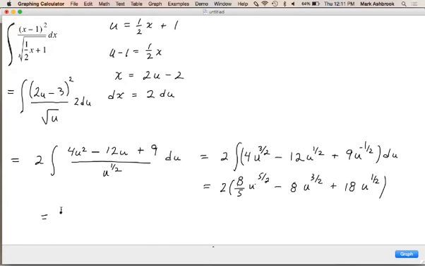So 16/5, instead of u to the 5/2, it is 1/2 x plus 1 to the 5/2, minus 16, 1/2 x plus 1 to the 3/2, plus 36.